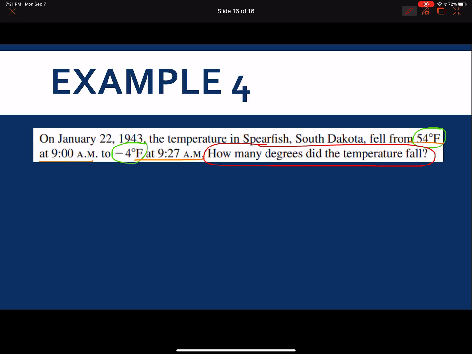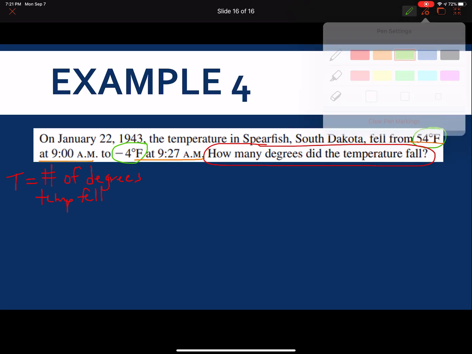Now I'm going to set my unknown as a capital T so it doesn't look like a plus sign. And we're going to say our unknown is the number of degrees the temp fell.